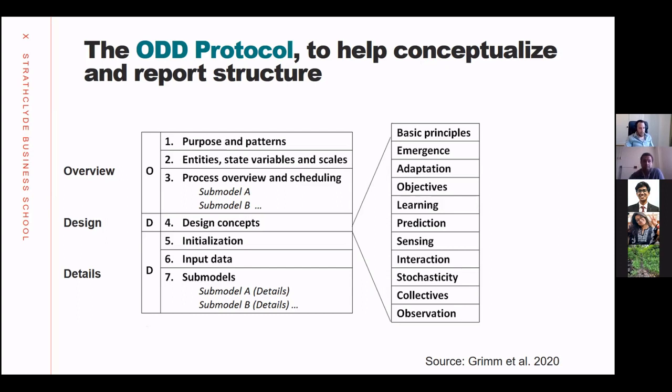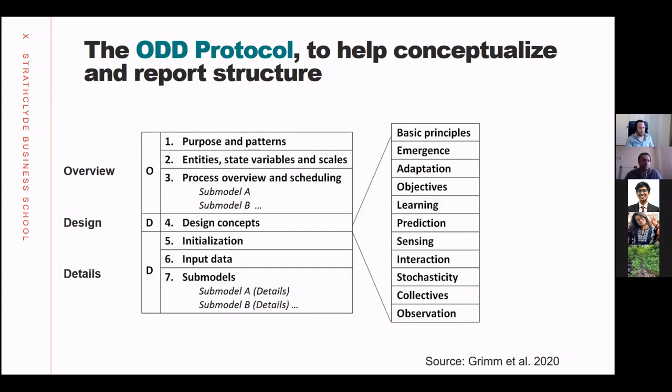So ODD protocols were first developed to describe in a consistent way what a specific agent-based model looks like and what it involves, and also to make an agent-based model reproducible.